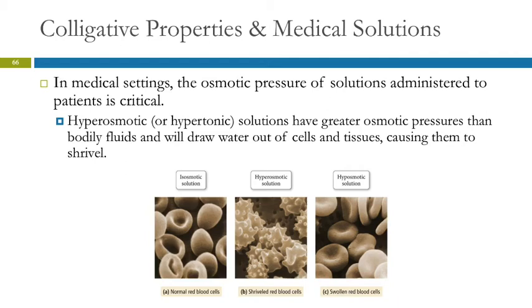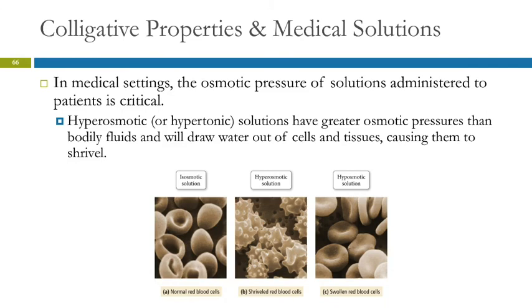So this is hypoosmotic or hypertonic. It's a greater osmotic pressure. No, I got them mixed up. Hyper and hypo. Hyperosmotic is too much, so too concentrated pulls the liquid out.